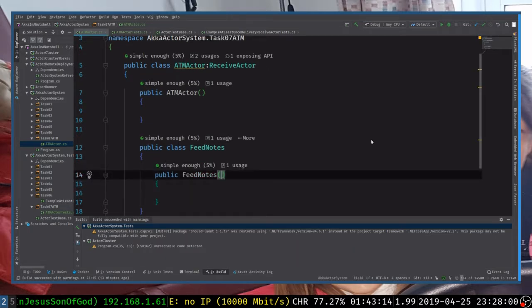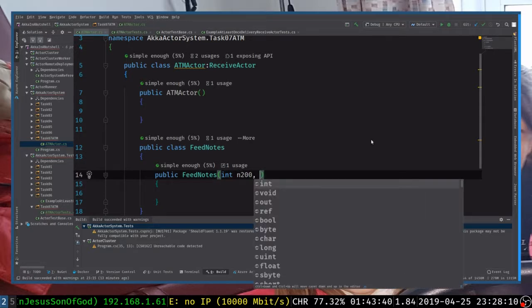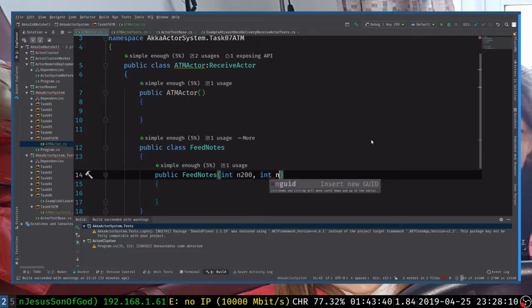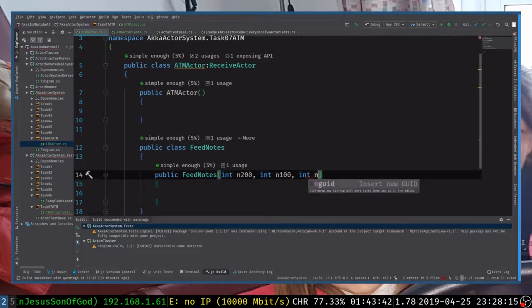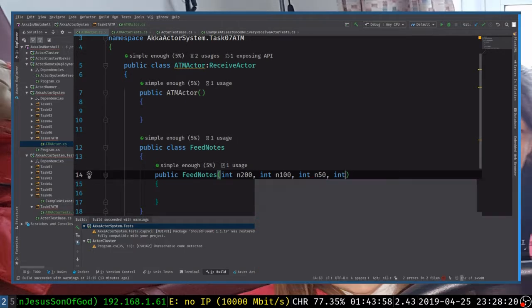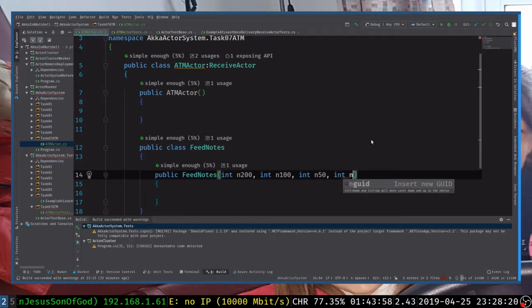notes, and we'll have, let's say, integer notes 200, integer notes 100, integer notes 50, and finally integer notes 20.